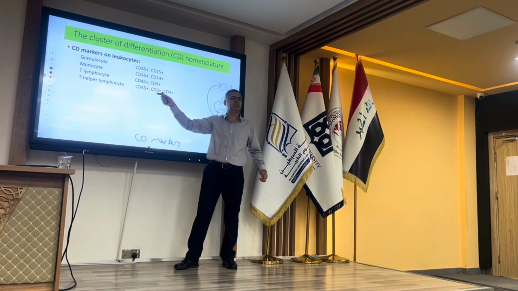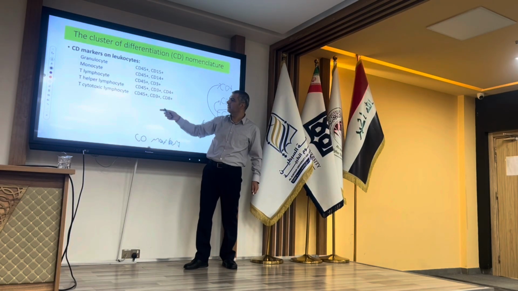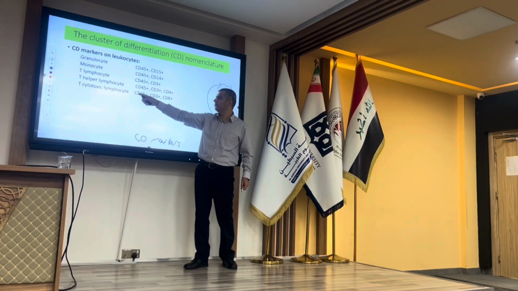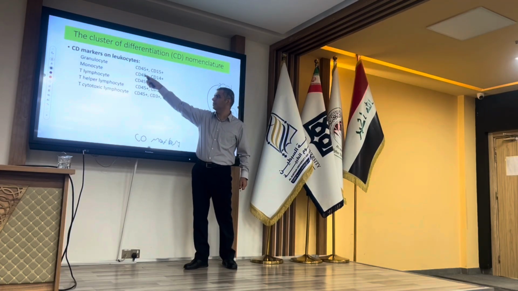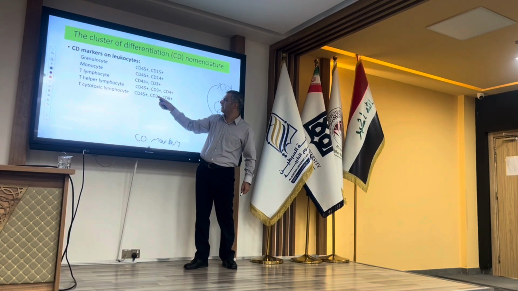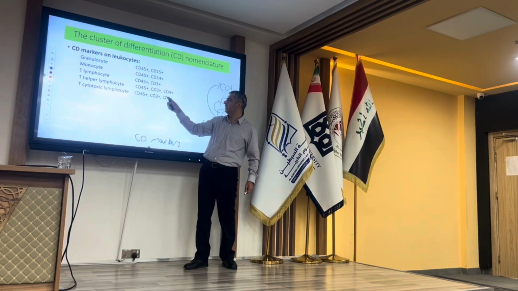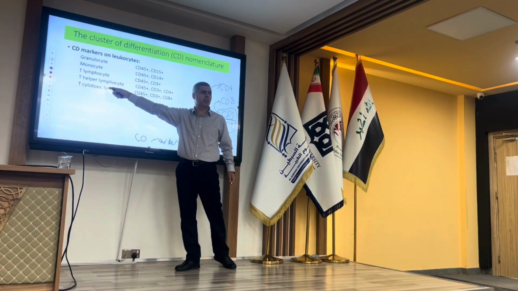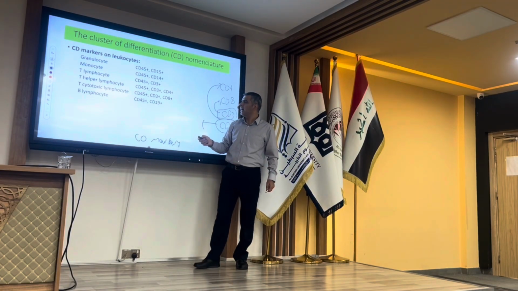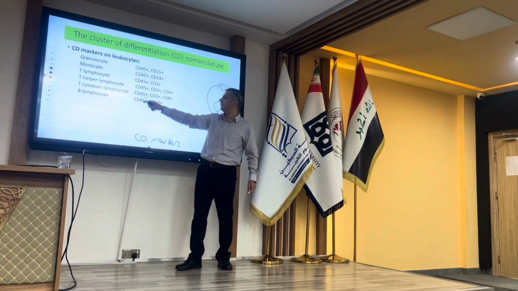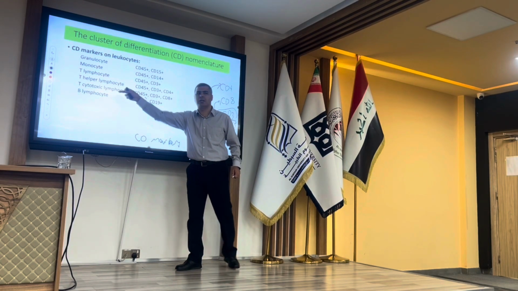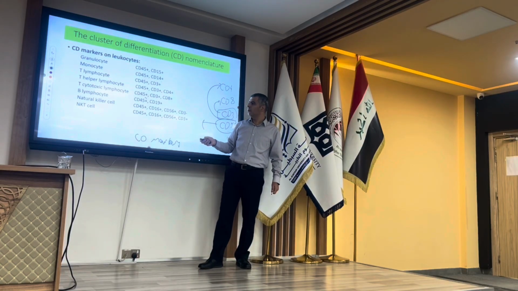It's a naming system. Cytotoxic T lymphocytes have CD45, a marker of leukocytic cells, CD3, a marker of lymphocytic cells, and CD8, a marker of cytotoxic T cells. And B lymphocytes have CD45, a marker of leukocytic cells, and CD19, a marker of B cells, and so on.